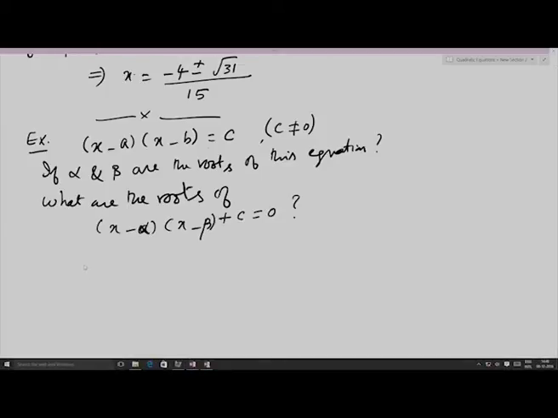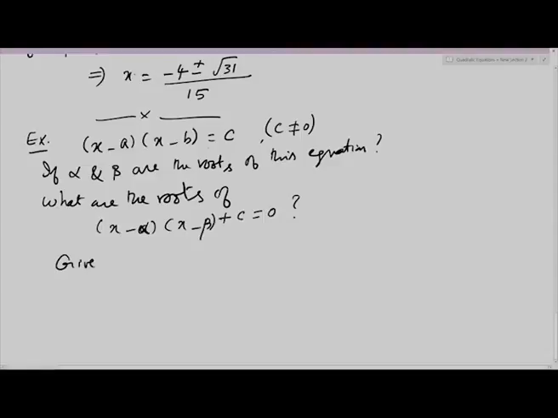Given that, what is given? Let me rewrite what is given. Given that (x − a)(x − b) − c is equal to, let me take this c to the left side, and the coefficient of x square is 1, remember.